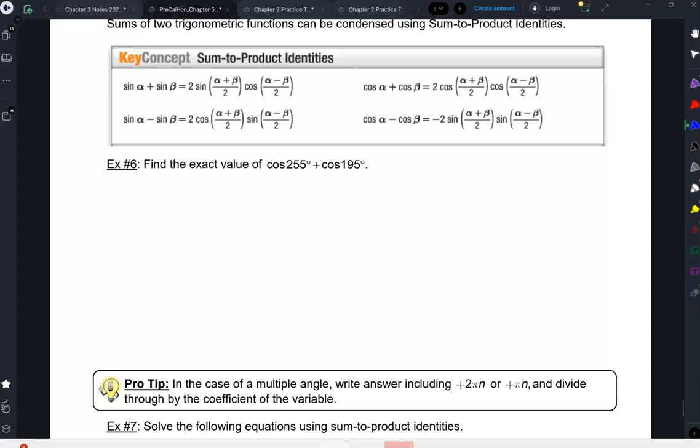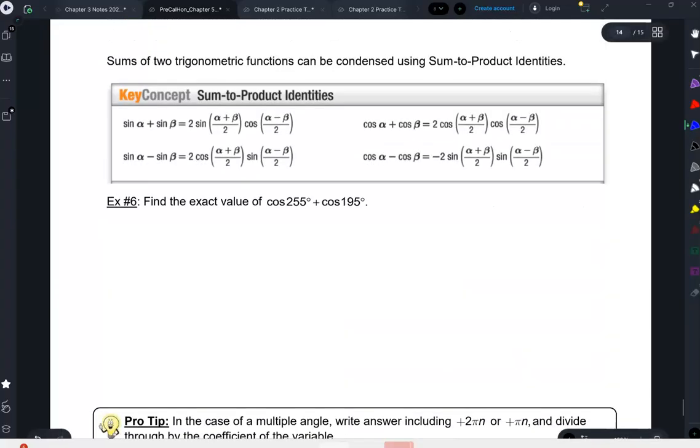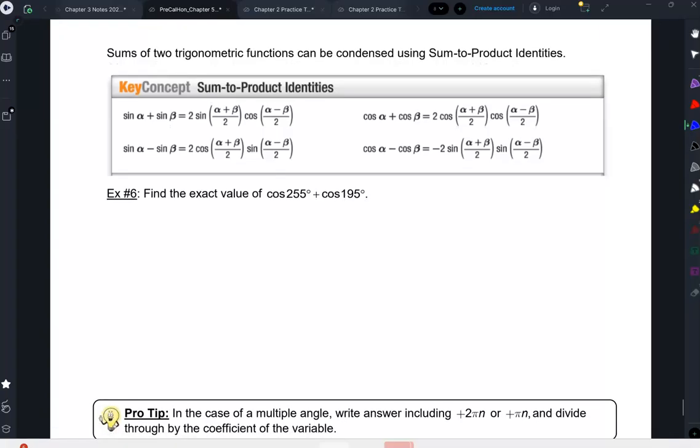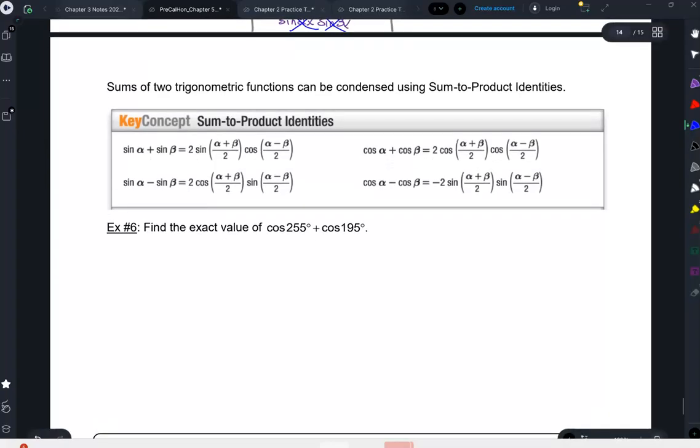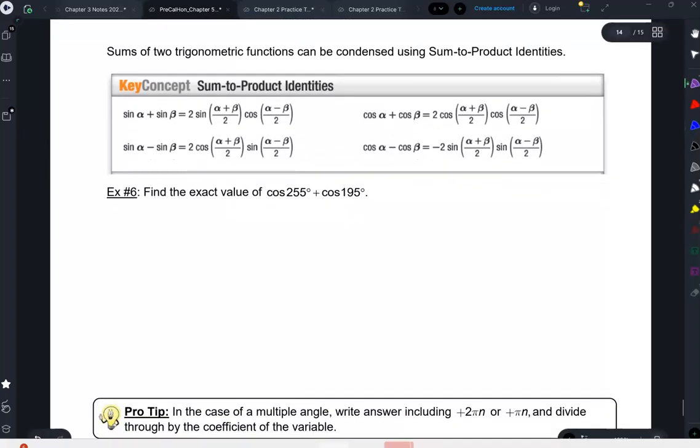We're just familiarizing ourselves. But then there is also equations. I said all of this before.